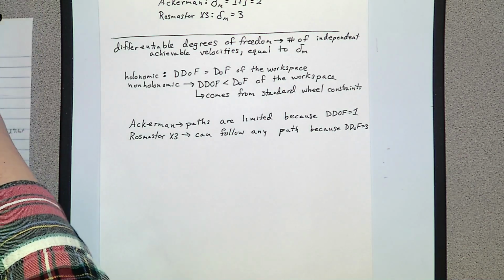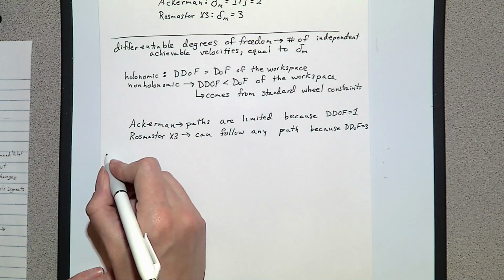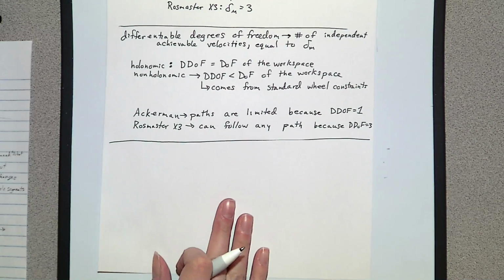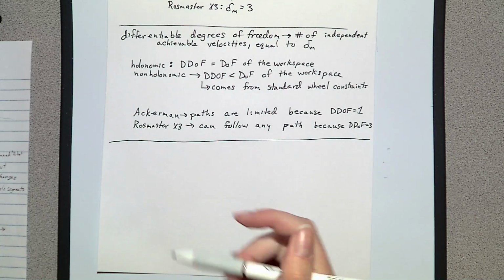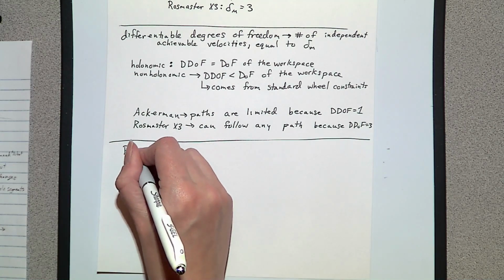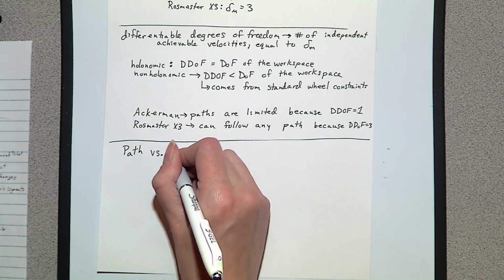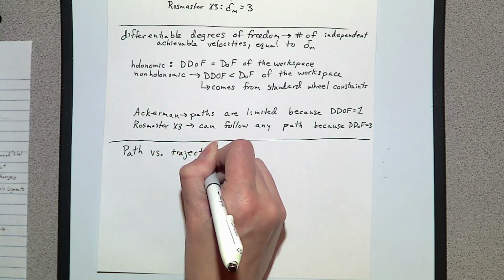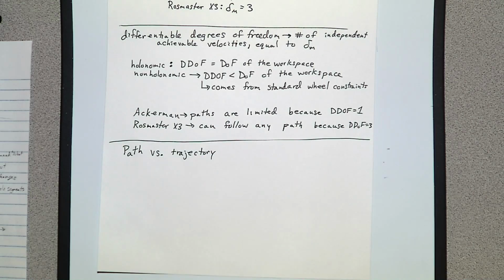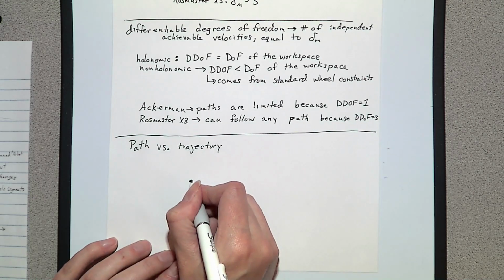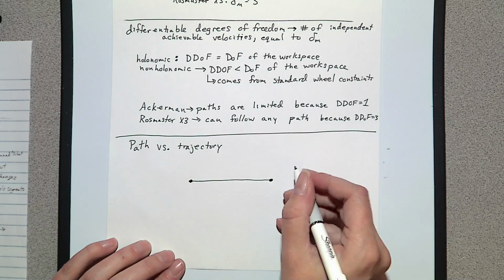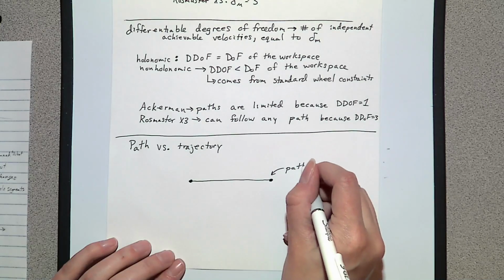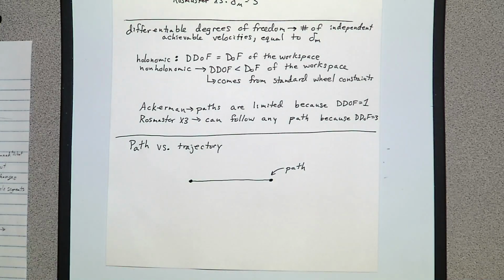And a definition thing that I want to clarify, because a lot of people use the two terms pretty interchangeably, but they do have an important distinction. Path versus trajectory. So if I have a point A here and a point B here, this then is my path, right? So this just tells me the positions in space.